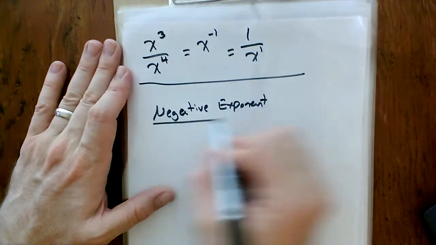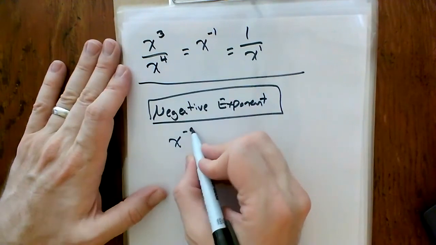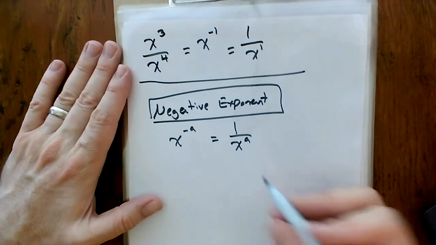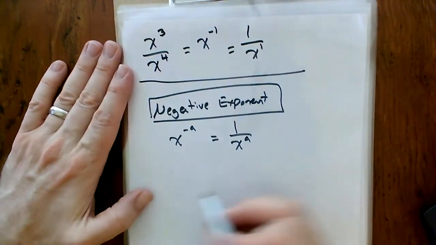So our negative exponents do this. If I've got x to a negative exponent, this is just going to be 1 over x to that power. Only notice that when I take that reciprocal, I've made that a positive power now.